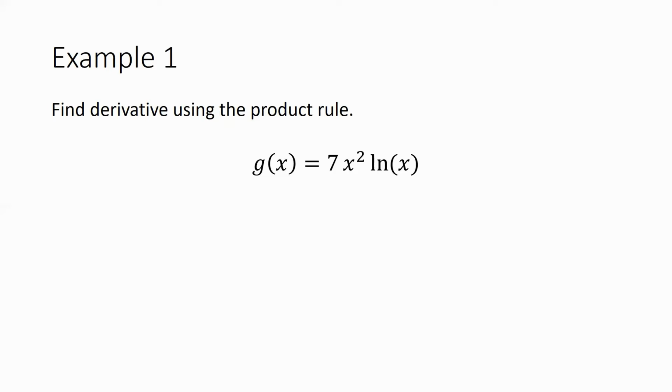So let's look at example 1. Let's take the function g of x equals 7x squared times natural log of x, and we will find the derivative using the product rule.